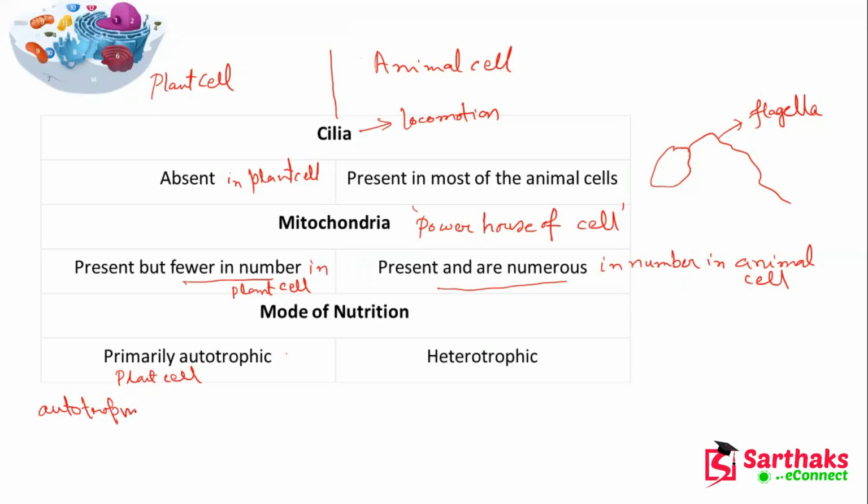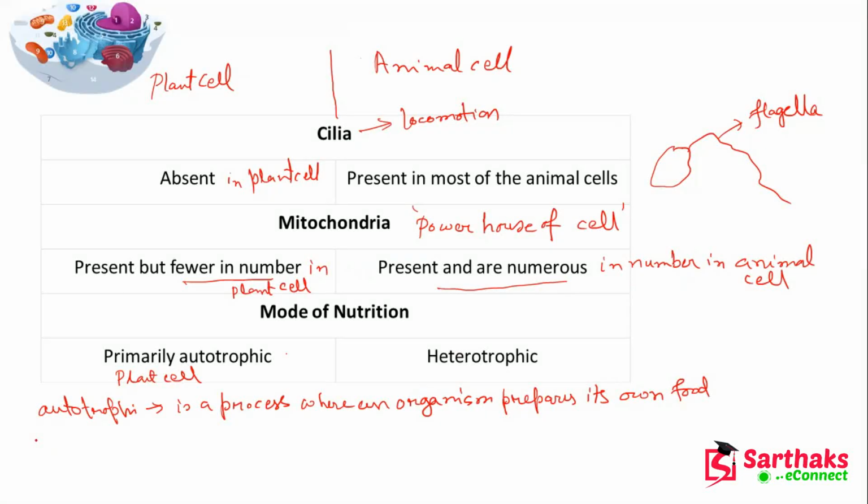Autotrophic nutrition is a process where an organism prepares its own food from simple inorganic material like water, mineral salts, carbon dioxide.